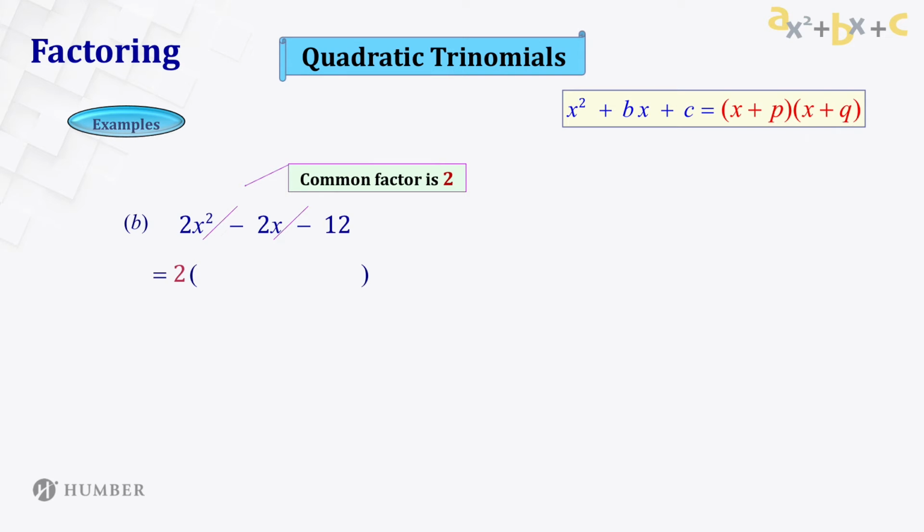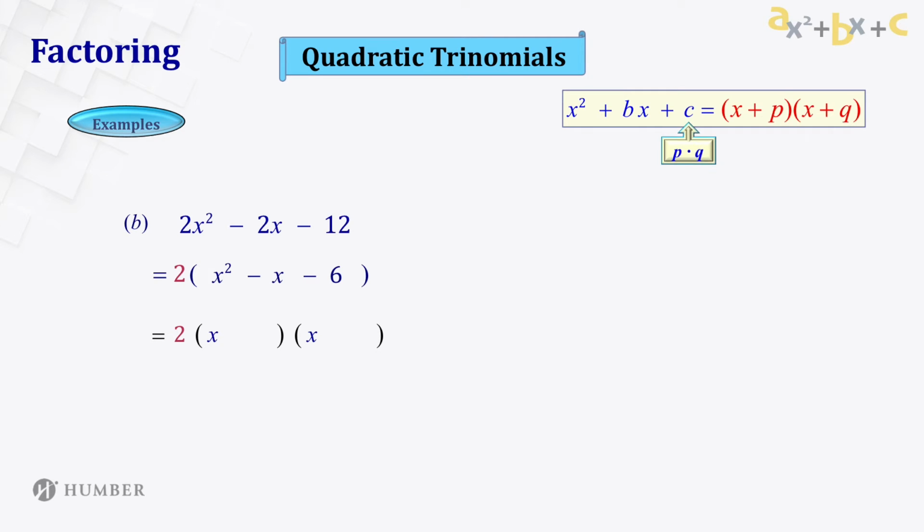We are left with x squared minus x minus 6 inside the bracket. Write two sets of brackets with x by keeping the common factor 2 in front. Then we need to find two numerical values p and q such that the product of those equals the constant c, and the sum of those should be the coefficient of x, b.